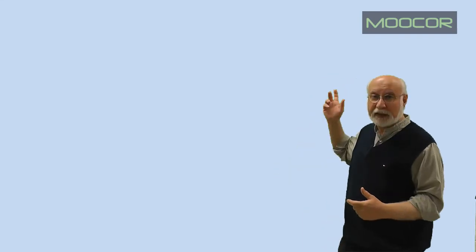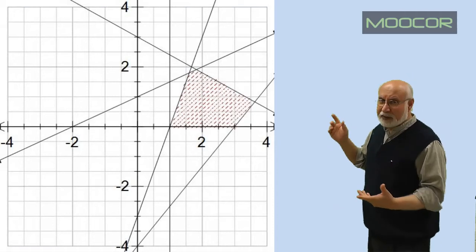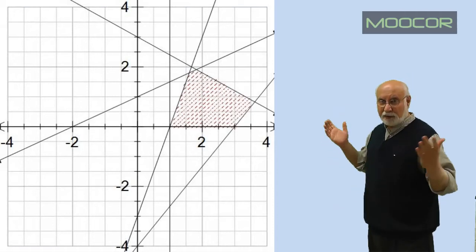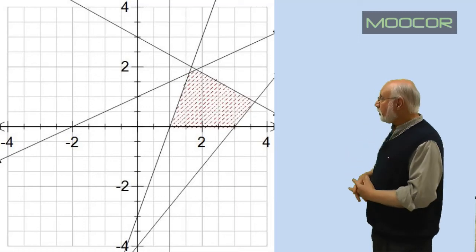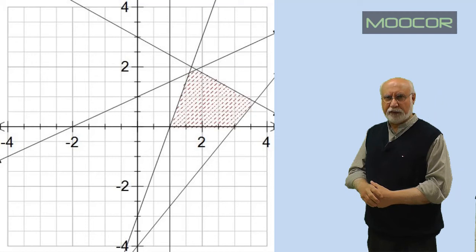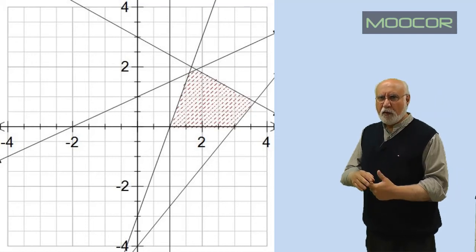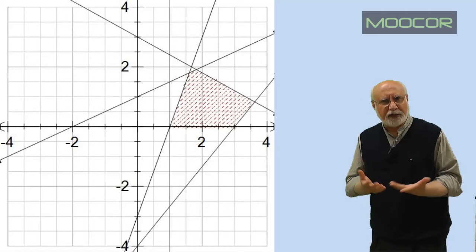Let's go back to the same problem that we just discussed. As you notice, there is no s1, s2, or s3 anything in this problem. The only values that I have are x1 and x2. So where is s1, s2, and s3?